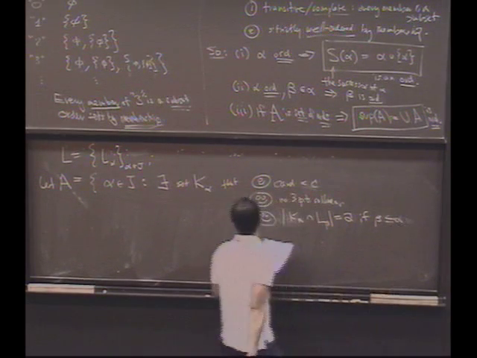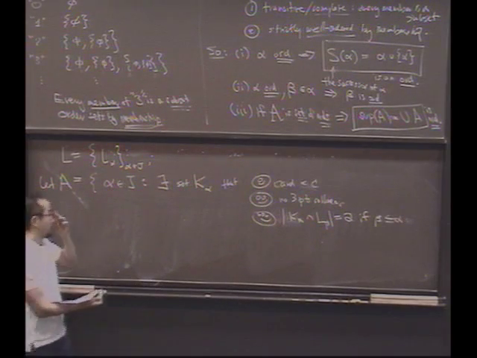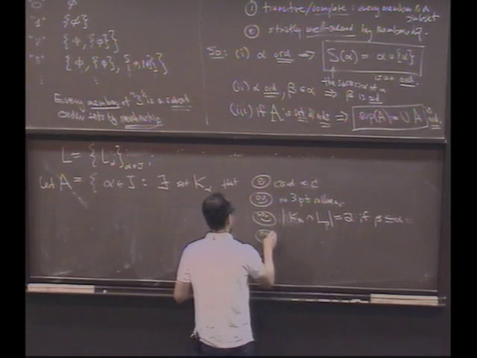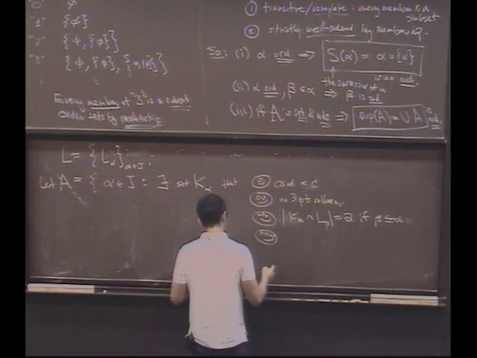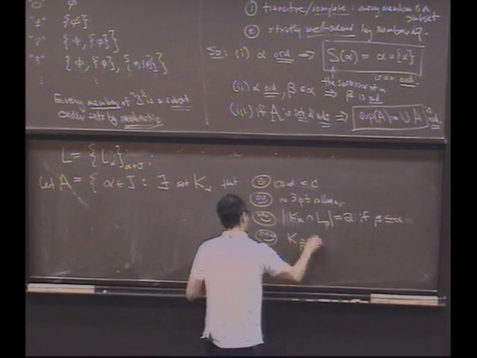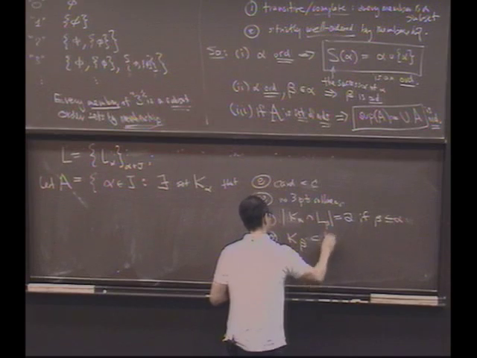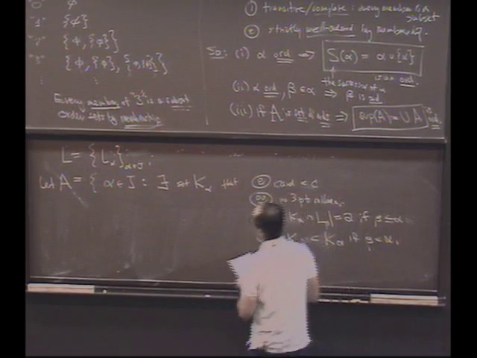So everything up to this index alpha, it will actually do the right thing for. And I'm going to do this in a nested way. Fourth property: I'm going to demand that K beta be a subset of K alpha if beta is less than alpha.